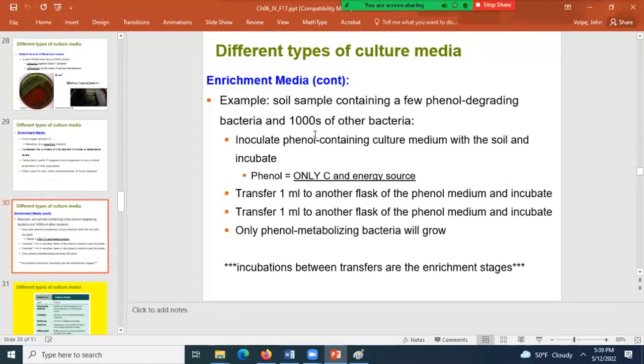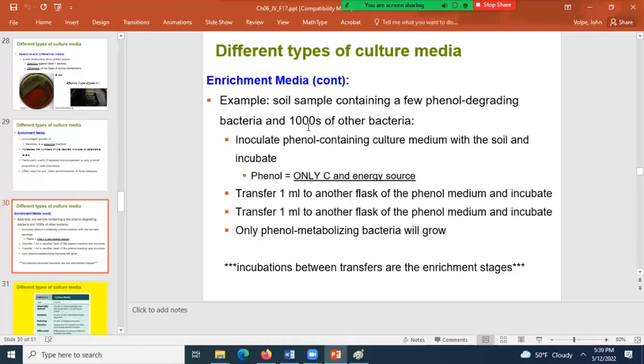If you were to try and streak out the organisms that you isolate from the soil, then your chance of finding it would be 1 in 1,000 or maybe 1 in 10,000 colonies. So your chance of finding the phenol degrading bacteria would not be very good.